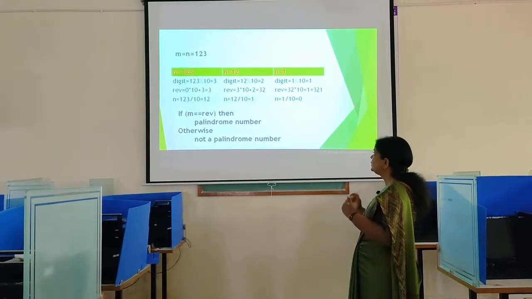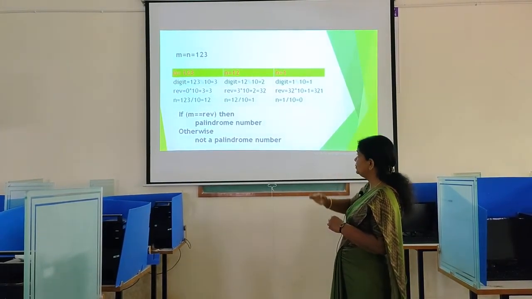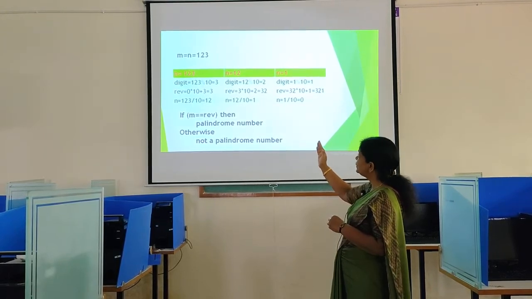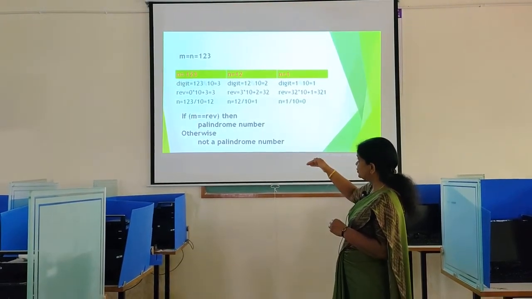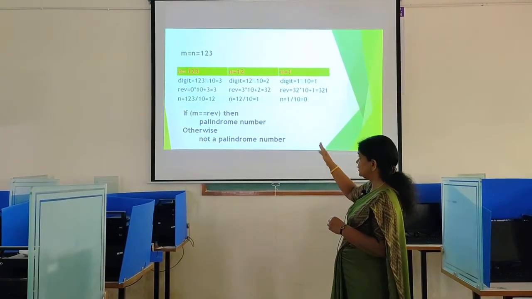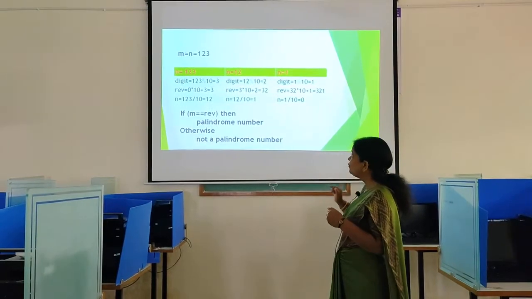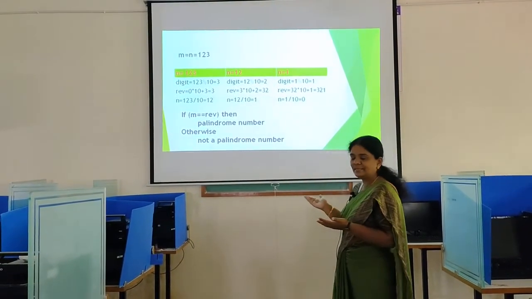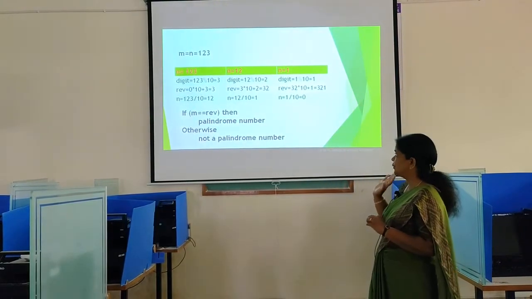Now n is initially 123, and as I told you, make a modulo division by 10, you will get the last digit, that is 3. Then in reverse we store it: initially 0, so 0 into 10 plus 3. So reverse will be 3 initially, and then n will be 123 by 10. It's an integer division, you get only the quotient, 12.